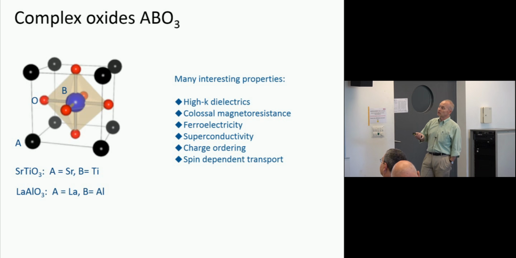They can be used as high-K dielectrics. They have interesting magnetic properties, ferroelectricity, you name it. They seem to exhibit all kinds of interesting functional properties that of course make them very attractive for all kinds of applications.